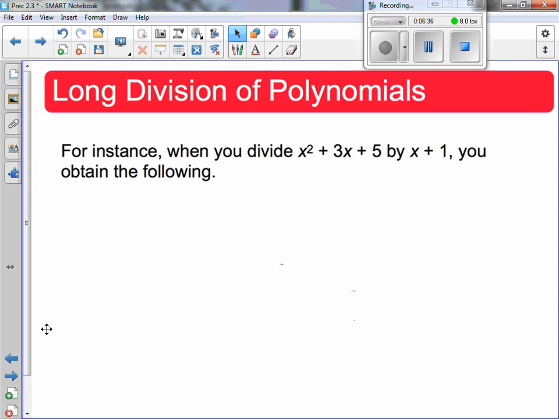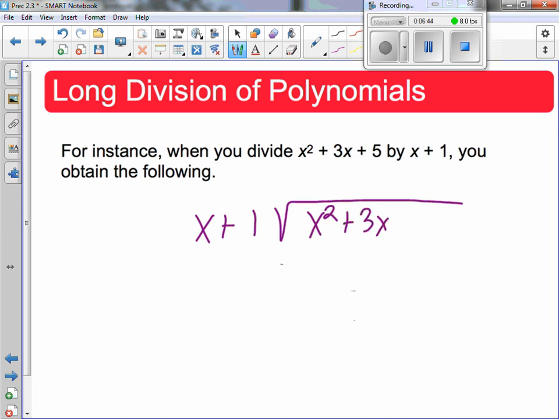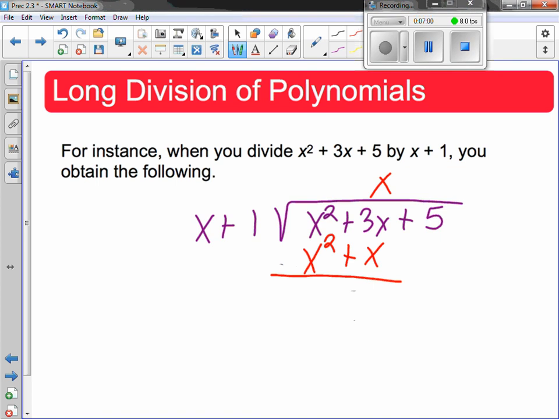For instance, let's do this one here. Long division, divided by x squared plus 3x plus 5. So our first question is, what times x gives me x squared? x. So we'd have x squared plus x. I'm not writing that out because hopefully x times x is x squared, and x times 1 is x.